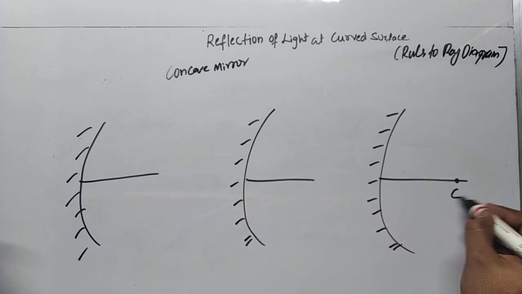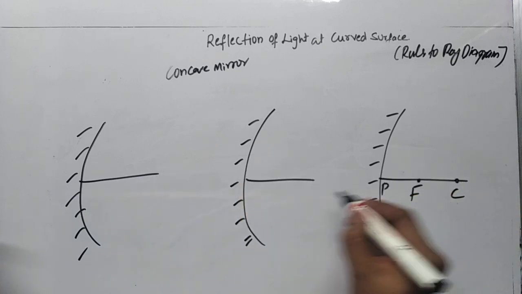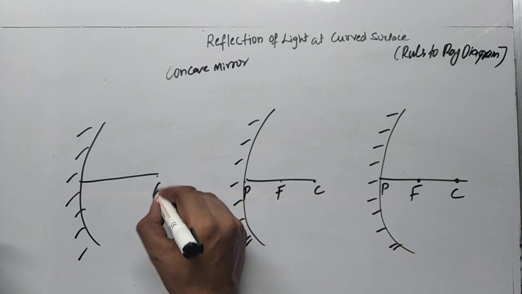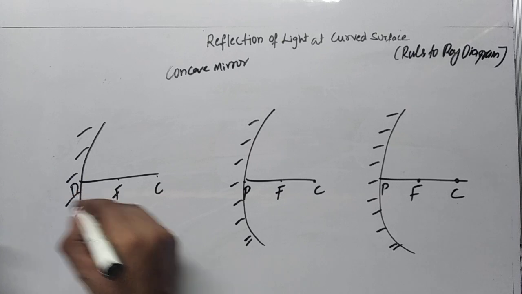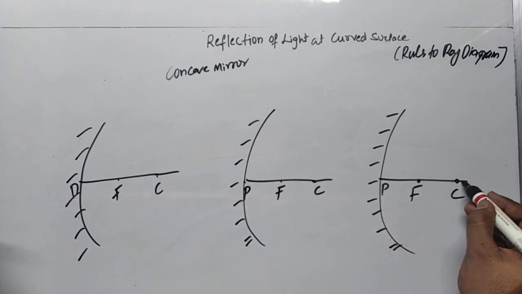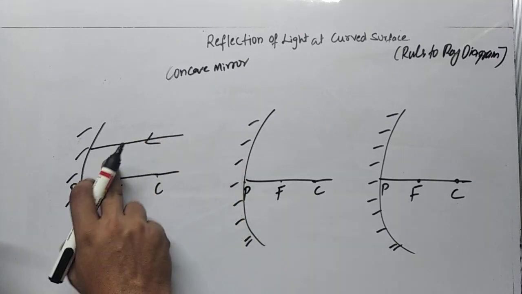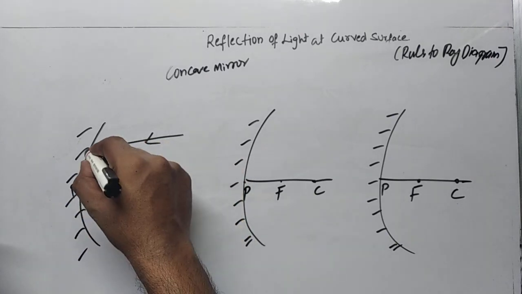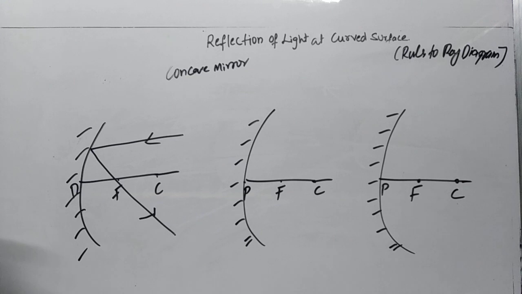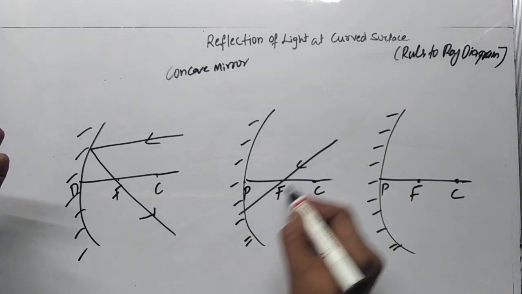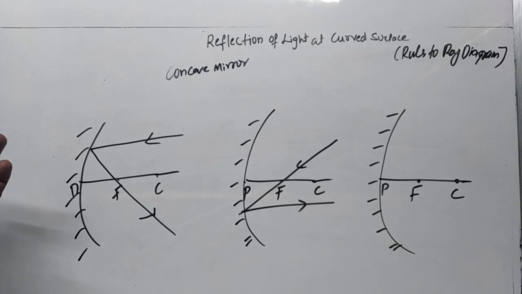The center, focus, pole, principal axis. First case: whenever a ray is parallel to the principal axis, it will pass through the focus. Second rule: whenever a ray is passing through the focus, it will become parallel to the principal axis.